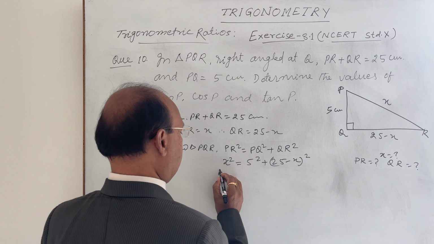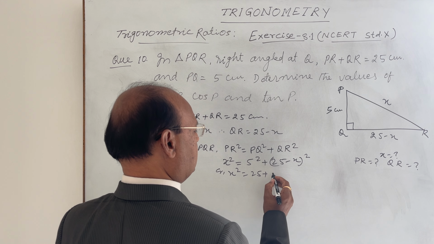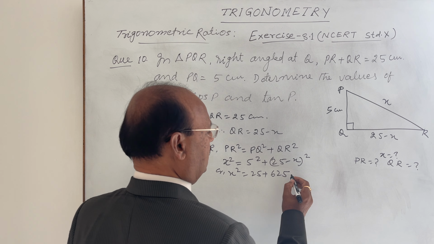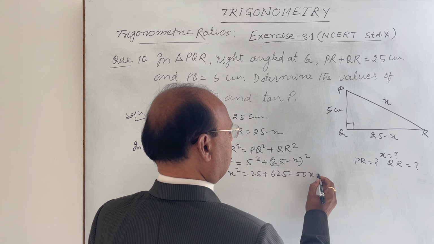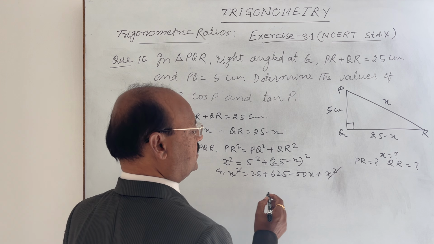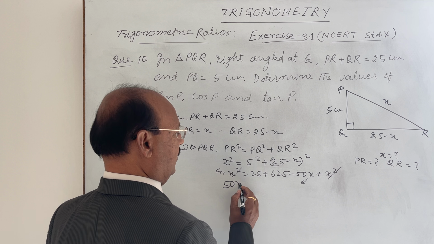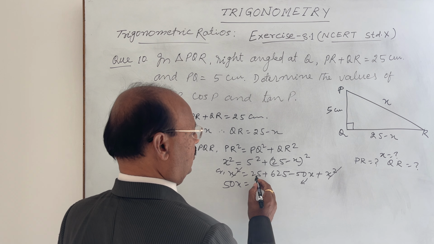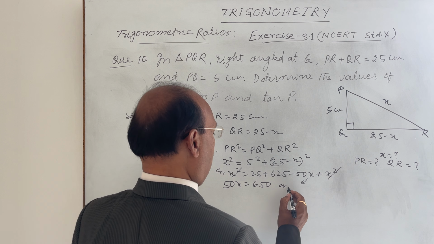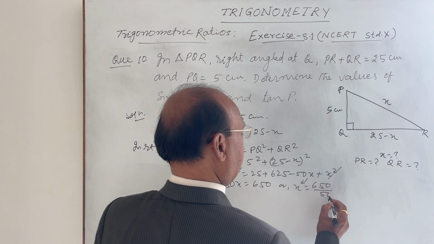Let us simplify it. X square is equal to 25 plus 625, this is in the form of a minus b whole square, minus 50x plus x square. X square will be cancelled out from both sides and we will transpose this minus 50x to the left side. So it will become 50x is equal to 25 plus 625, 650, or X is equal to 650 divided by 50.